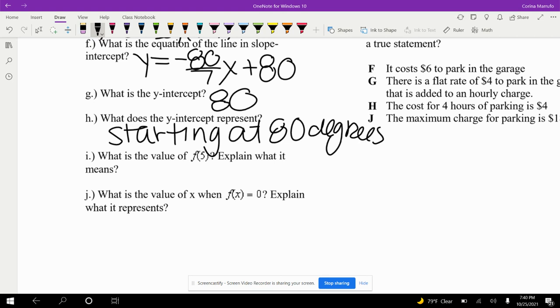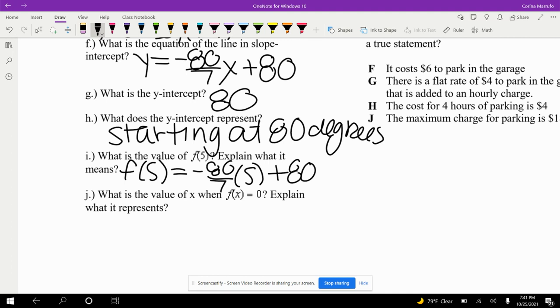What is the value of f of 5? So pretty much they want us to take our function and plug in a 5 instead of x. And this gives us, I'm going to go ahead and put in my calculator, 80 times 5 divided by 7.